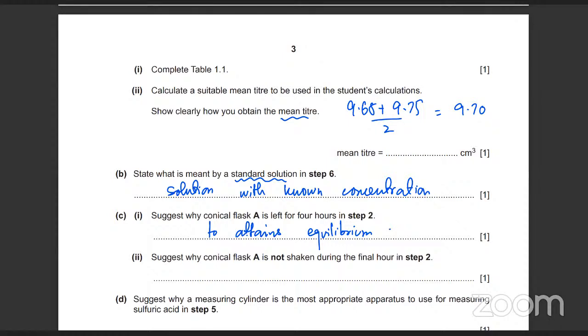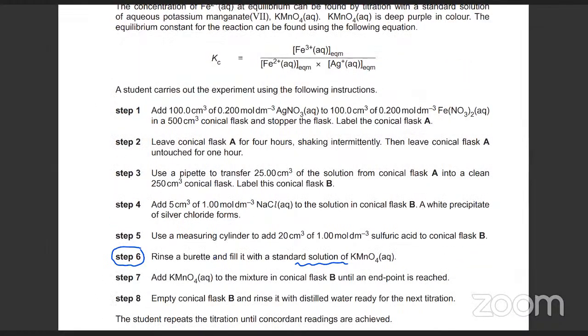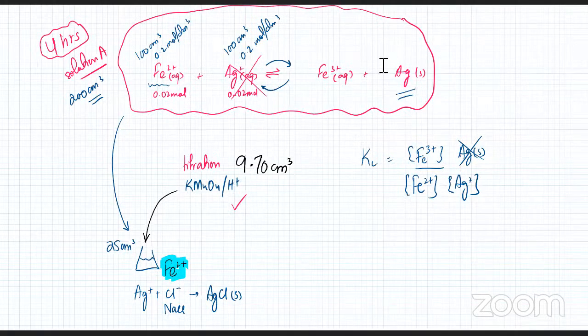And why is the conical flask not shaken during the final hours? He wrote in the steps that he would shake it intermittently, but then he left it untouched for 1 hour. Why did he stop shaking the mixture? Equilibrium is not going to be disturbed if you shake it.